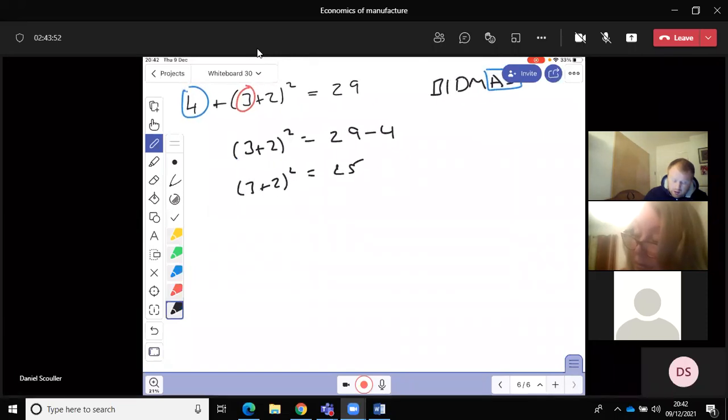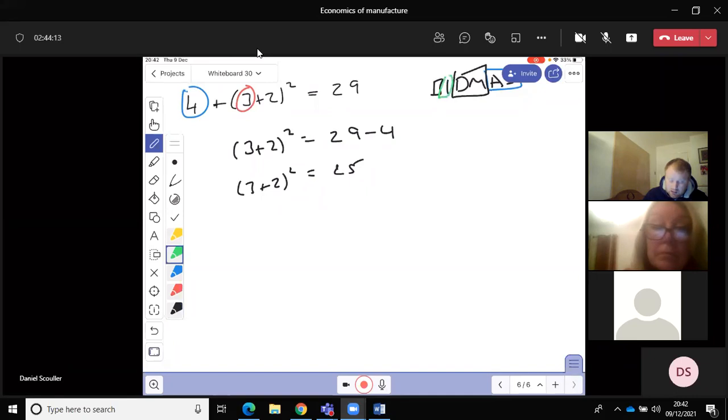We're looking at leave the 3, remember? So we want to start removing everything from around that bracket. Is there any divide or multiply? The answer is no. There's nothing dividing or multiplying on that left hand side.